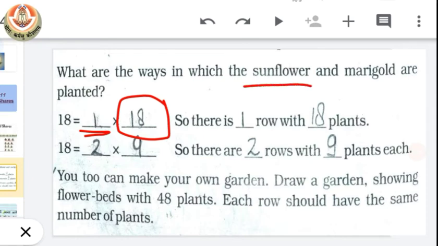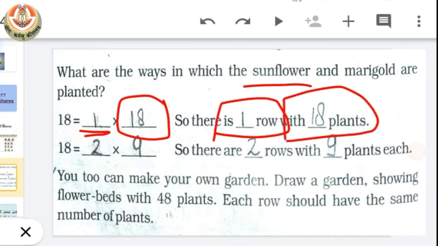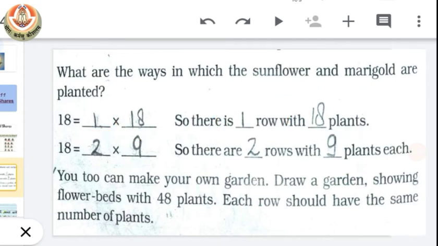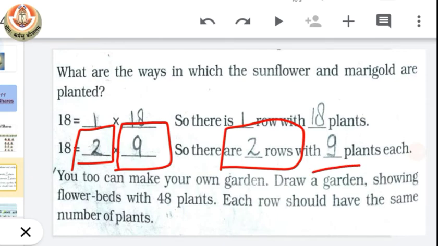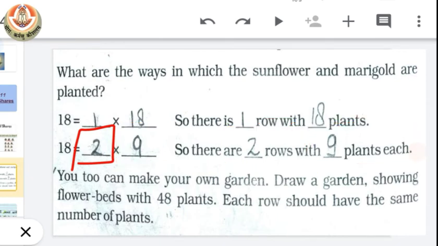Whereas in the case of marigold there are a total of 2 rows and we have 9 plants in each row. So you can understand it very clearly.